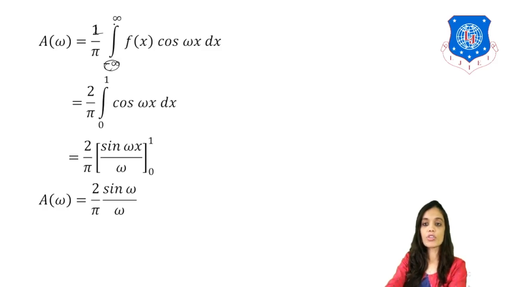Limits will be from 0 to 1 only, because our f of x is 1 for mod x less than 1 and 0 for mod x greater than 1, right? So now we have to put the value of f of x only in 0 to 1. The value is 1. So f of x is equal to 1. So only cos omega x will remain.